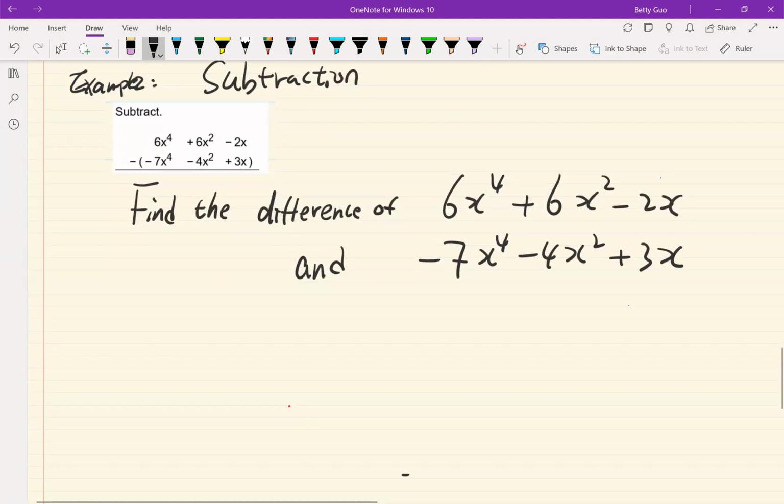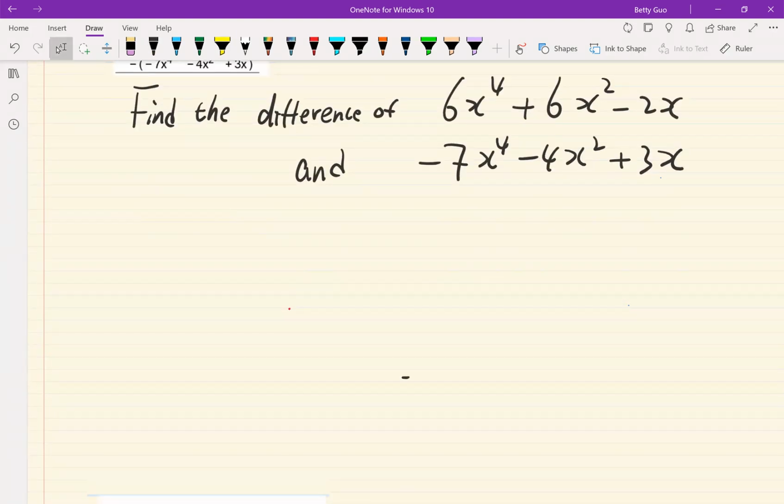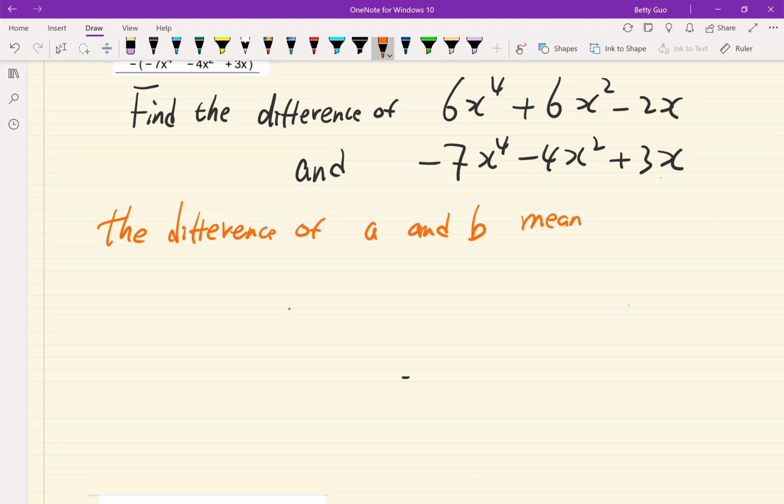The important thing is we need to know the difference of A and B means A minus B, not B minus A. That's not a 6, by the way, that is B. In algebra, we have grammar as well.